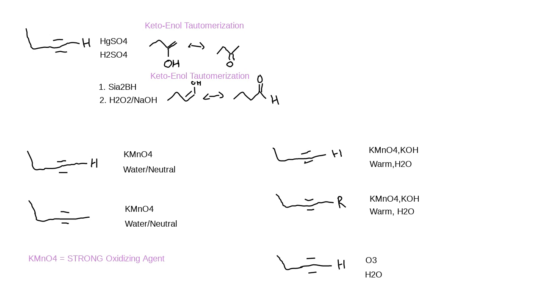Ozonolysis, on the other hand, equals weak oxidizing agent. Okay, so that means if KMnO4 reacts with a hydrogen, it will turn it into a carboxylic acid. If ozonolysis reacts with a hydrogen, it will turn it into an aldehyde.